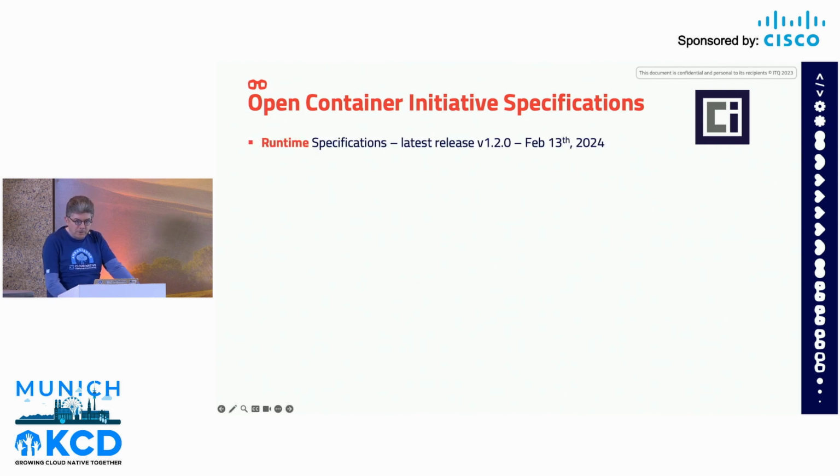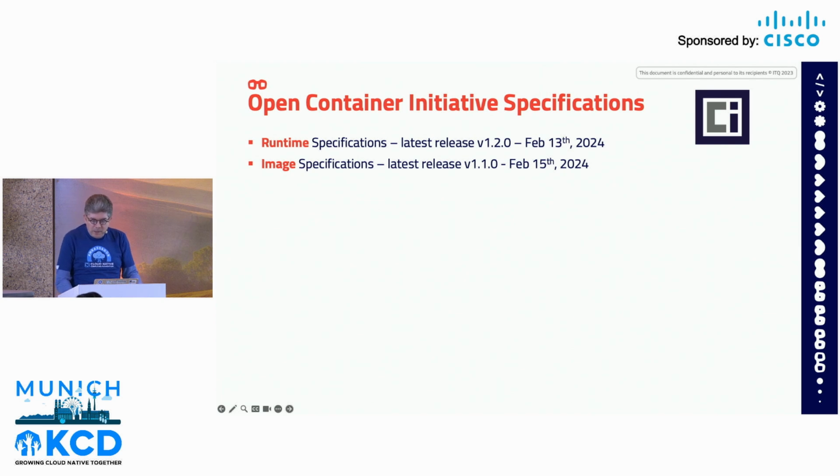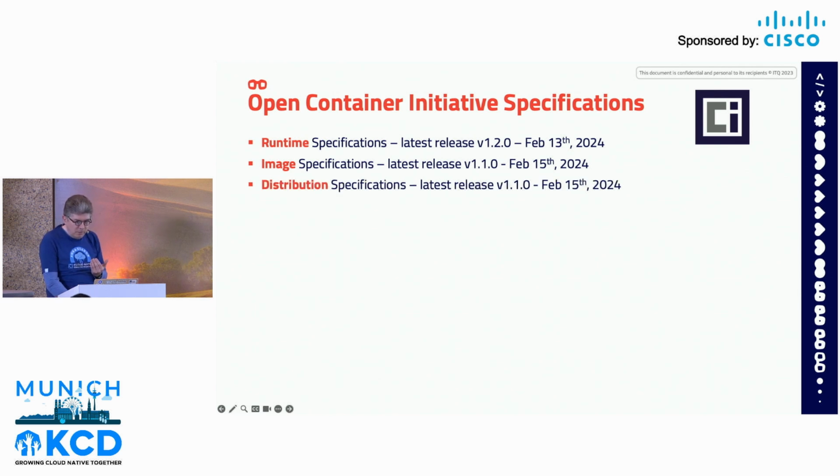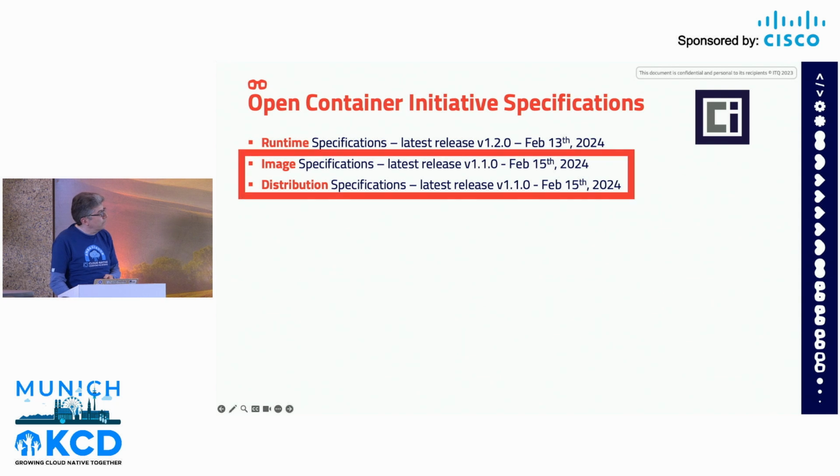The first, the runtime specification, defines the environment where a container is running. We won't see this today, but the next two we will focus on. The image specification defines how container images are organized. And the last one, the distribution specification, defines how to serve these images using a registry, an OCI registry.